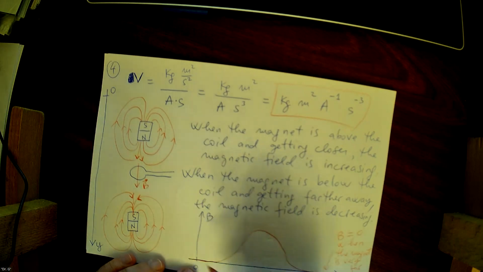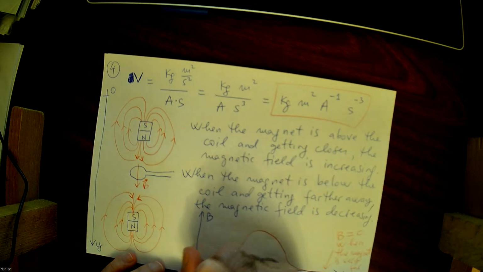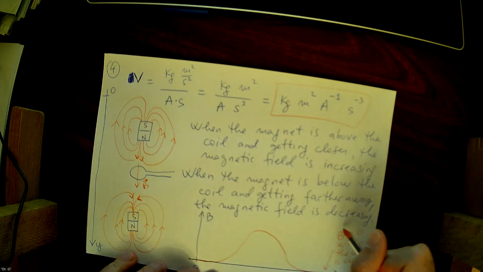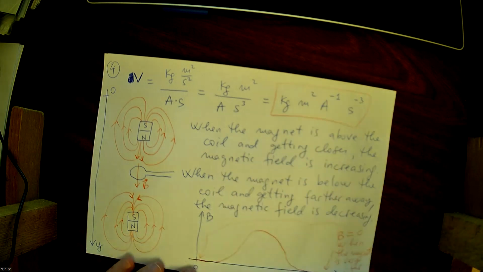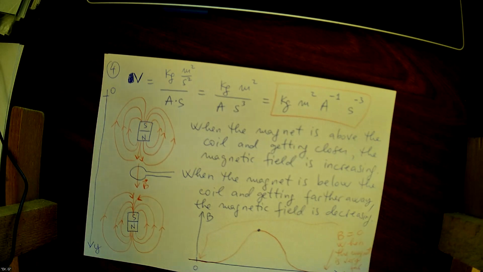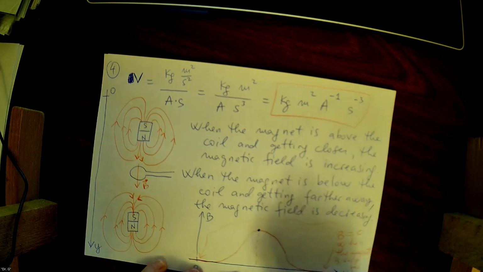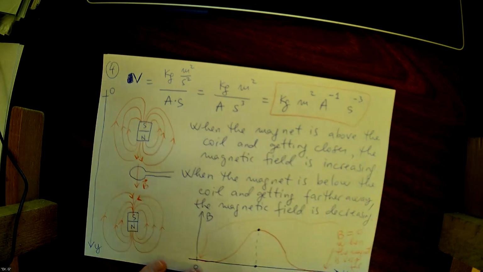Same thing here. And then there is a maximum value right here. So the magnet is getting closer, and then I reach a maximum value, and at this moment, the magnet is right inside the coil.